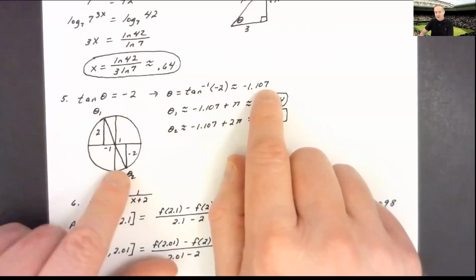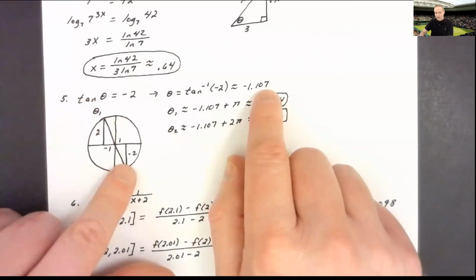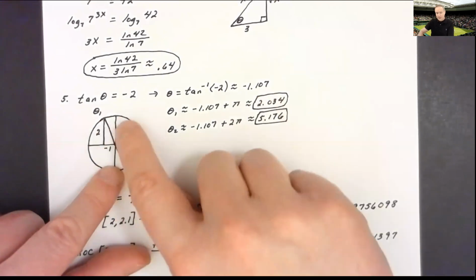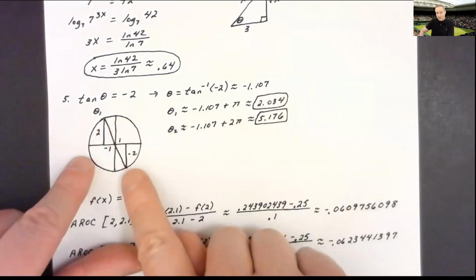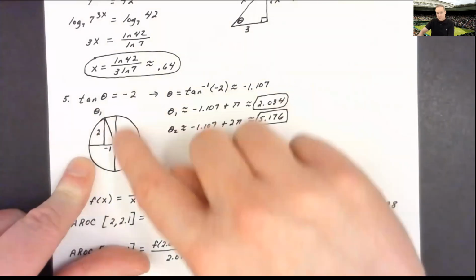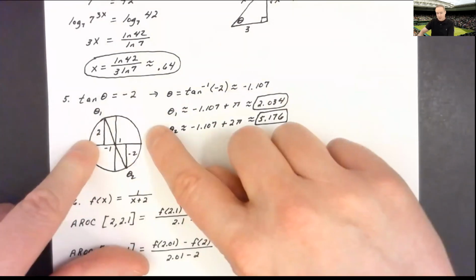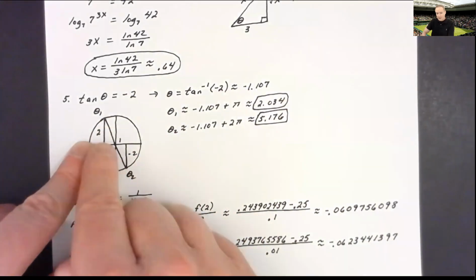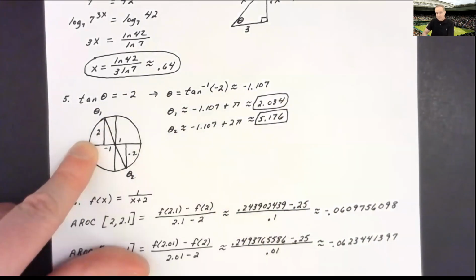Now, you'll see I have this drawn out here. If we want the tangent to be -2, the angle has to go down closer to the vertical axes of pi/2 and 3 pi/2 than the horizontal axes. And that's because the y value is going down twice as much as the horizontal value is moving over.